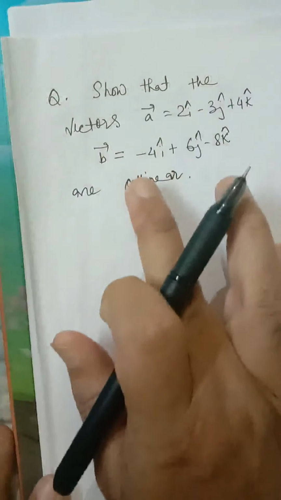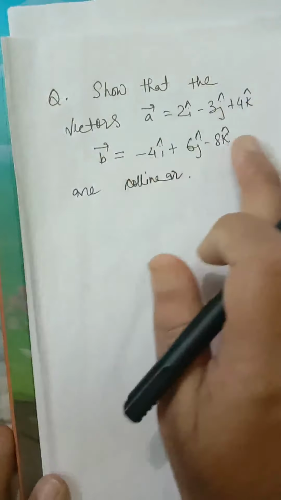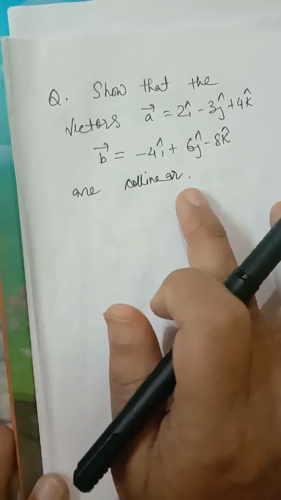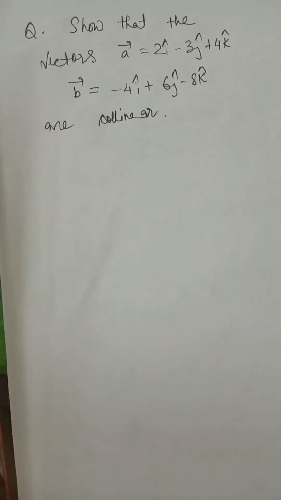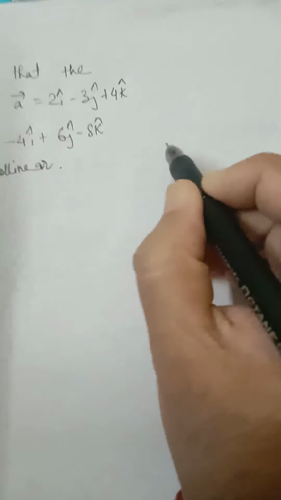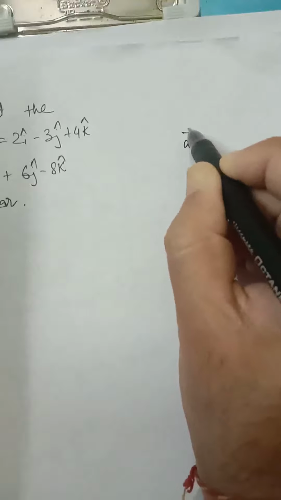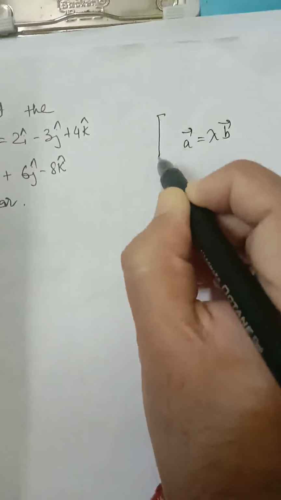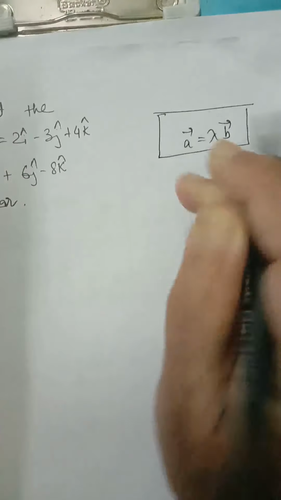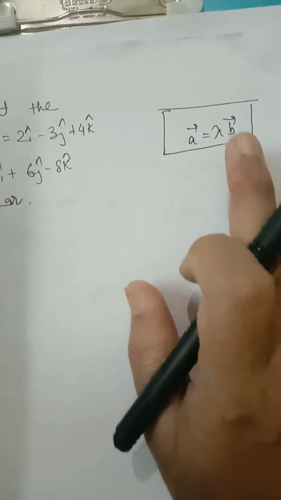Next question is, show that the vectors A vector equal to this and B vector equal to this are collinear. To show A vector and B vector are collinear, we know the mathematical definition. Two vectors A and B will be collinear if A vector equals some constant into B vector.